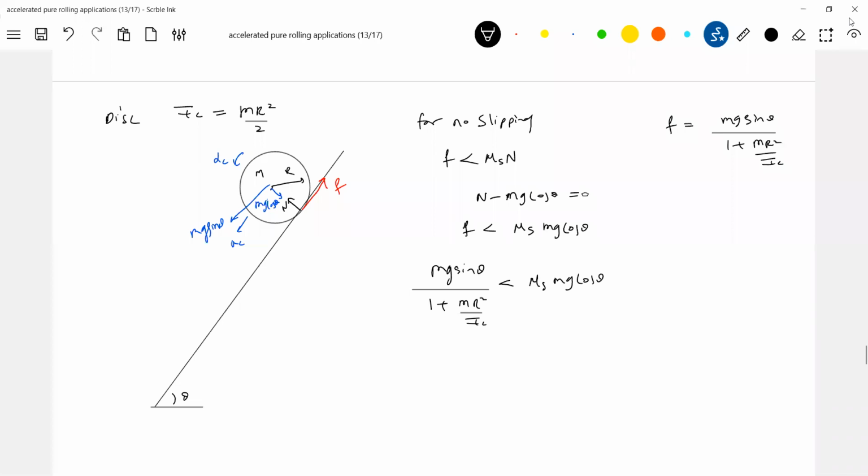So this should become tan theta divided by 1 plus mR square by I_c, less than mu_s. That is a very important equation which I brought here.